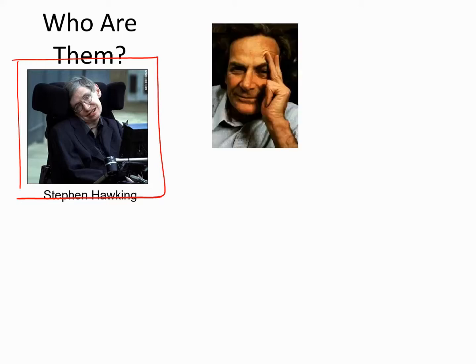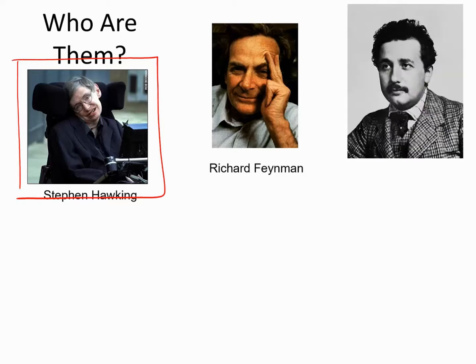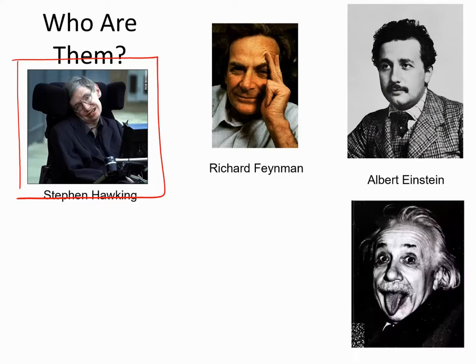Do you know who he is? Stephen Hawking. Okay, he's a very famous scientist. Do you know who he is? Richard Feynman. Who is he? I think most of you know who he is, right? Albert Einstein. Okay, this is when he got older.